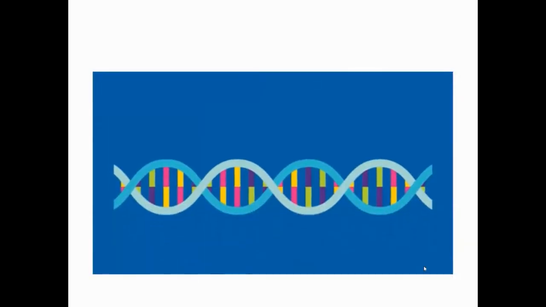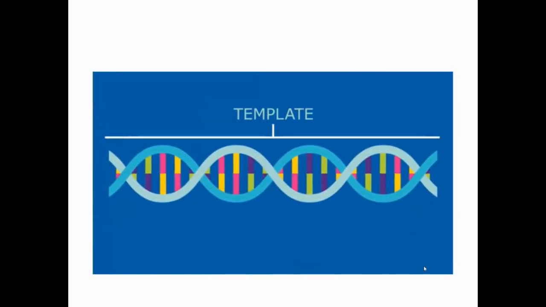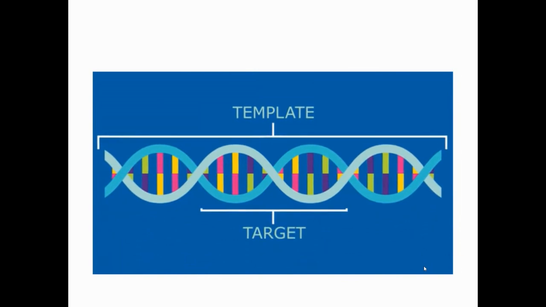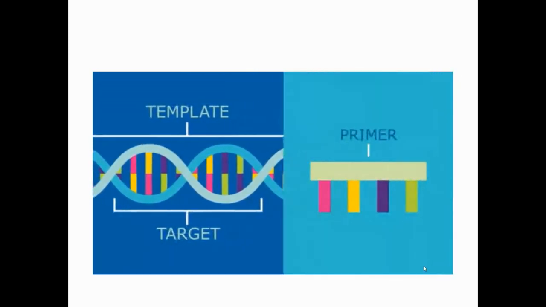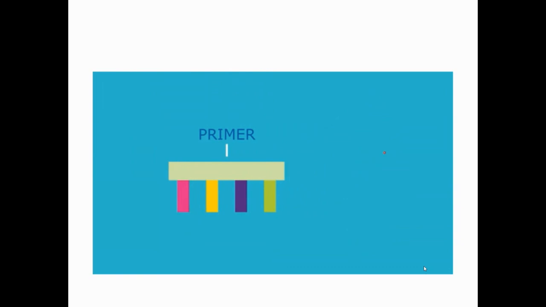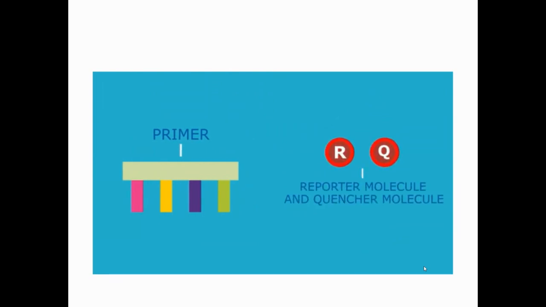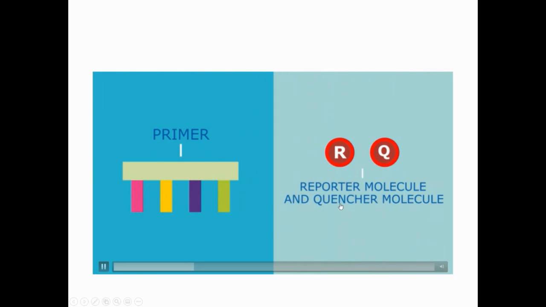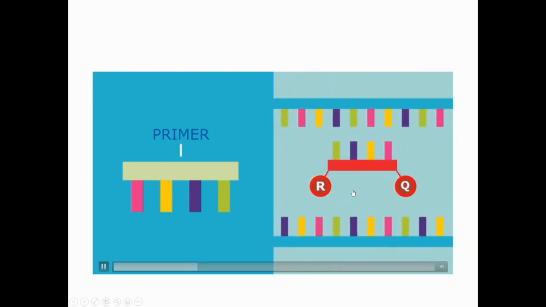In a probe-based qPCR reaction, you have your template, which contains the target sequence you are interested in. You also need primers, dNTPs, and DNA polymerase of your choosing. In addition, you will need a probe labeled with both a reporter molecule and quencher molecule. Typically, probes are sold as separate, custom products because they are specific to the target sequence.